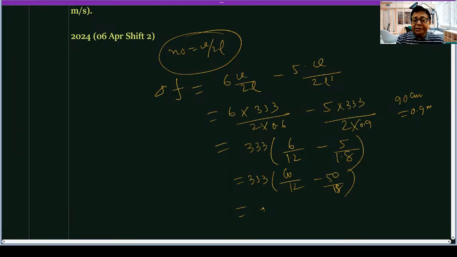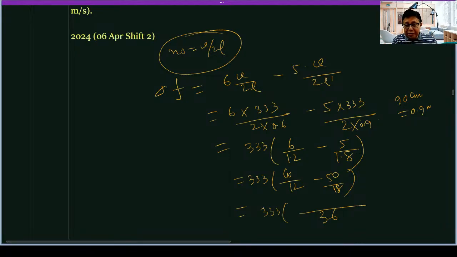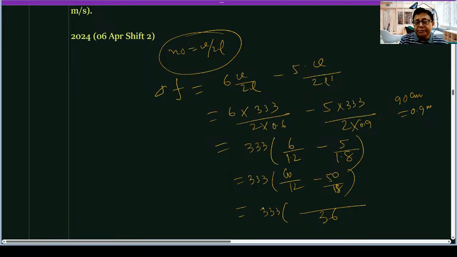Take the LCM, 36, so it will be 180 minus 100.